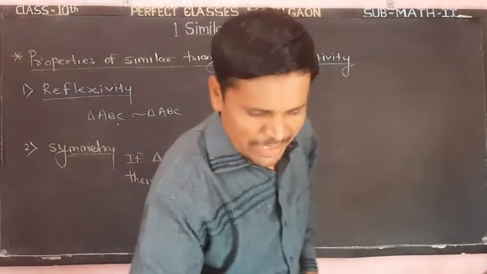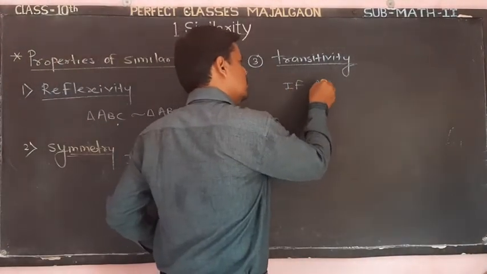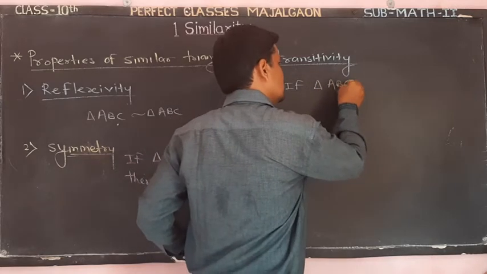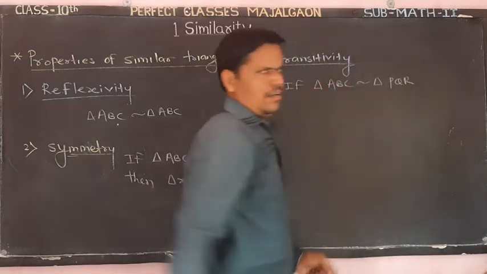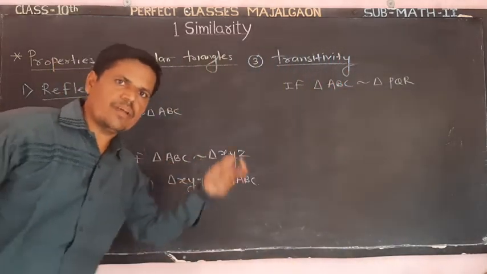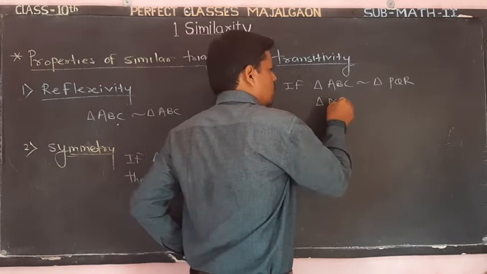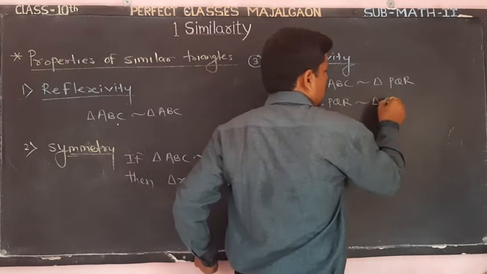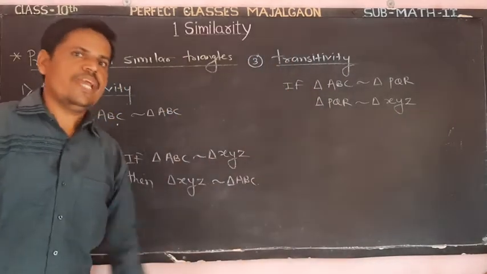Therefore, this property says that if the first triangle is similar to the second triangle, it means that Ramesh is the brother of Ganesh. The second triangle is similar to the third triangle, it means that Ganesh is the brother of Suresh.